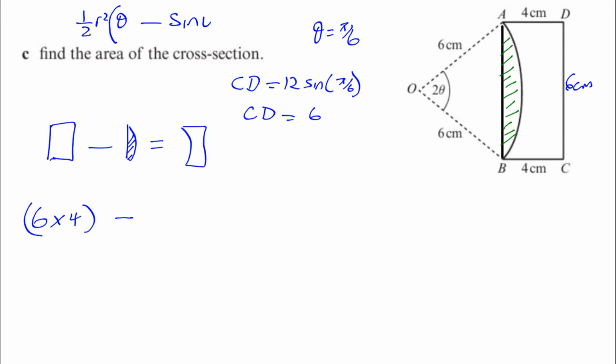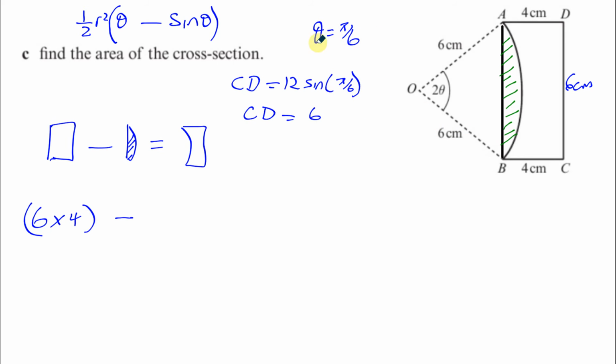So this formula here is actually exactly that. A half r squared theta is the area of the whole sector, minus a half r squared sine theta. Remember, we have two sides, so that's why the r squared, times sine of the angle between those two sides gives you the area of the triangle. So a half r squared theta minus a half r squared sine theta will give you the area of the segment. Now, be very careful here.